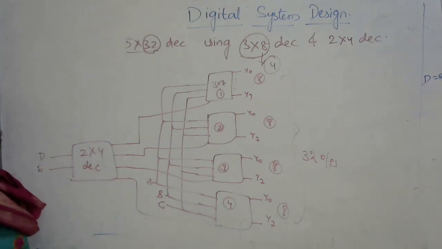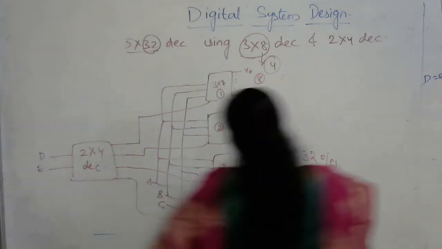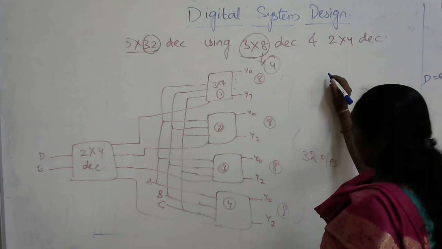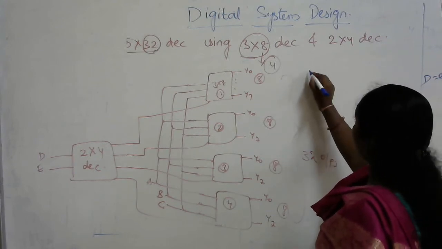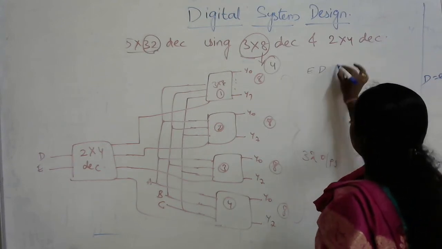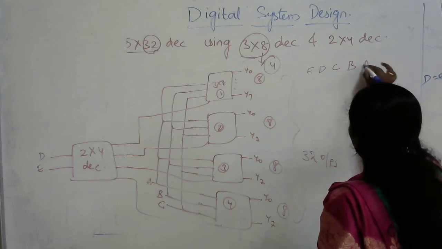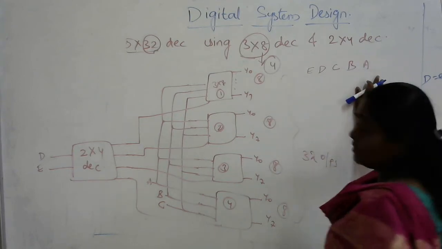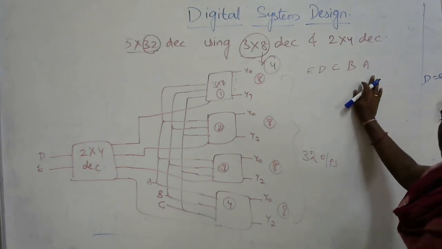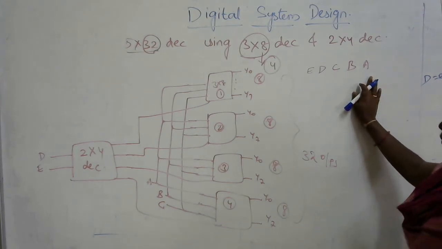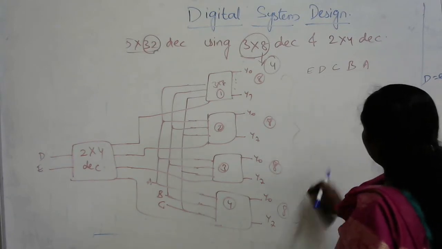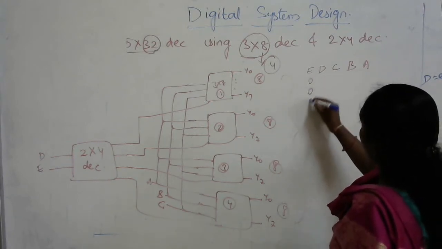Now, if I write down a 5 by 32 decoder, the inputs are 5 inputs, that is E, D, C, B, A. As we are having 5 variables, we will be getting 2 power 5, which is equivalent to 32. So here under E, we are getting 16 zeros followed by 16 ones.